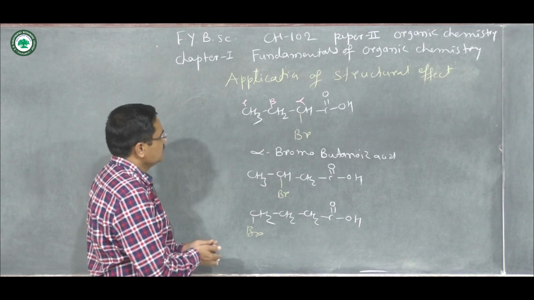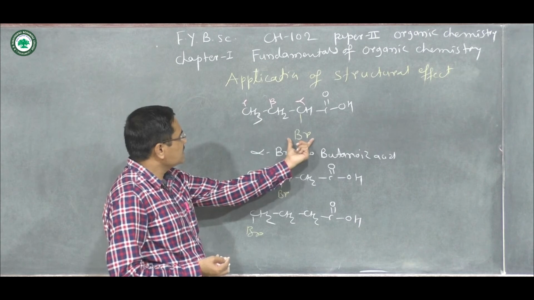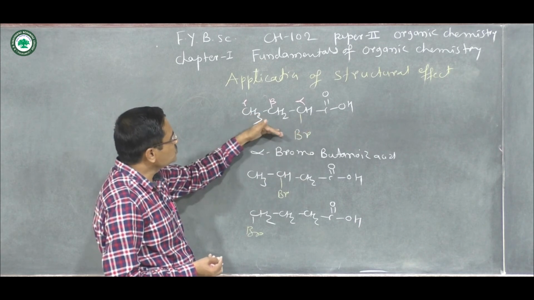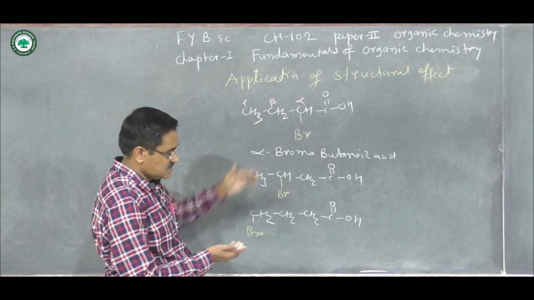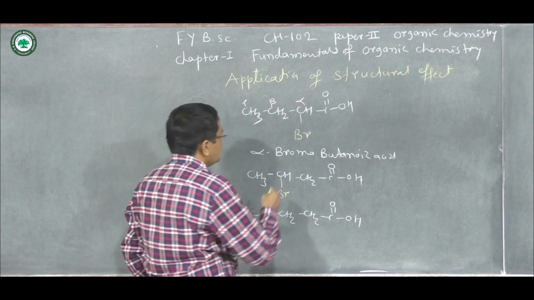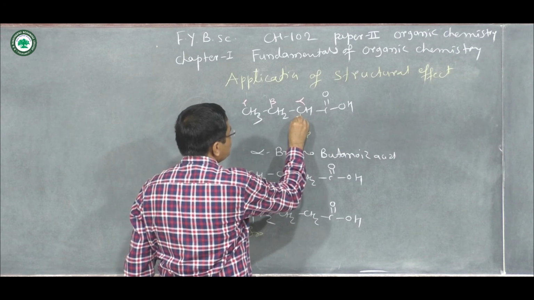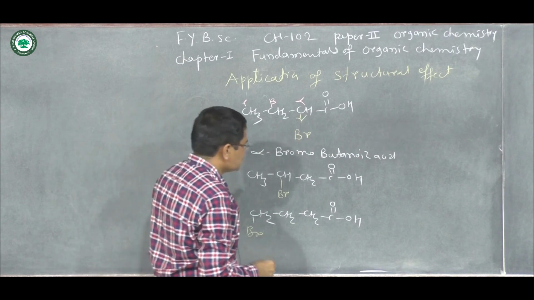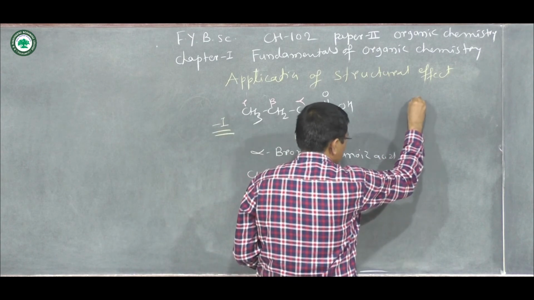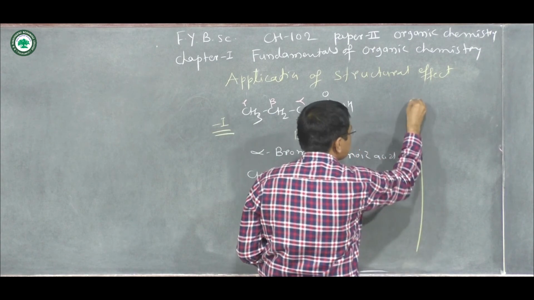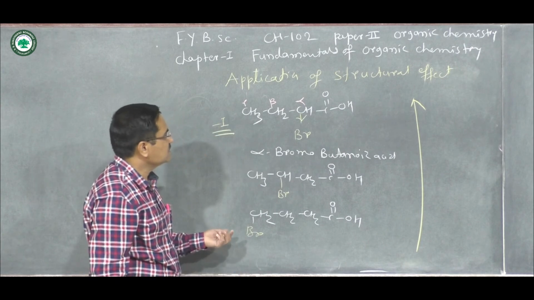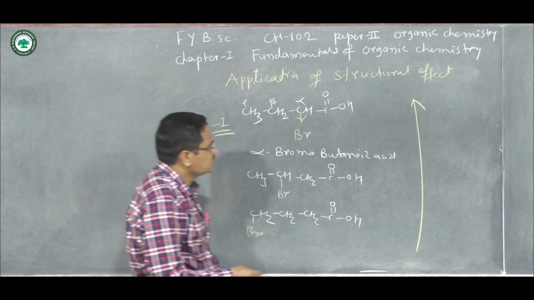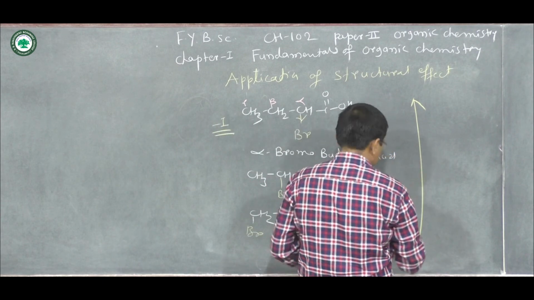Now here the Br group is nearer to the COOH group and hence its conjugate base is more stable because it shows minus I effect. Means when we see the order of these compounds, the minus I effect increases, as well as the strength of acid.